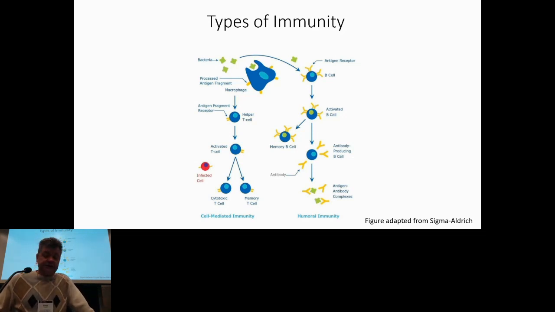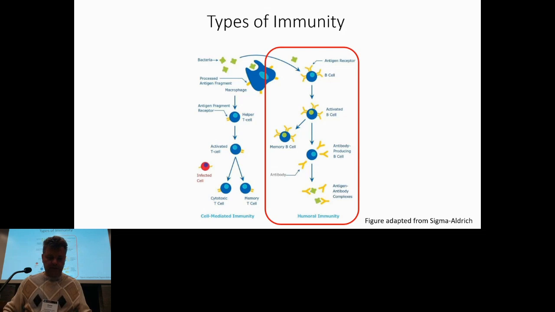B cells have BCRs, B cell receptors, and once they bind to that foreign protein, they initiate activation again and generate tons of antibodies that attack freely available pathogens. Our project is really about this branch of immunity.